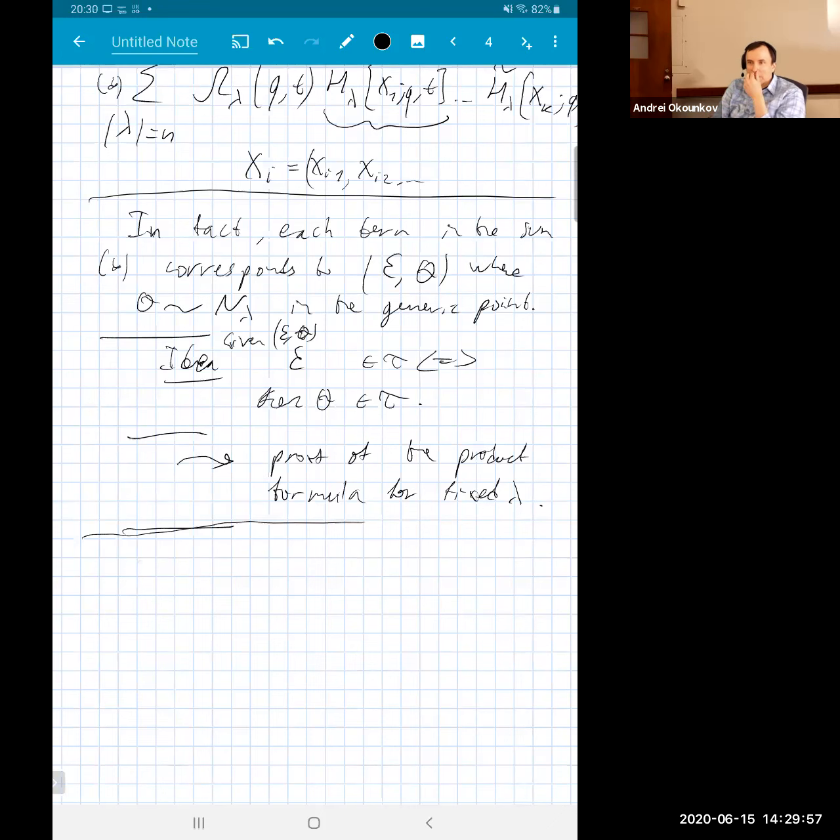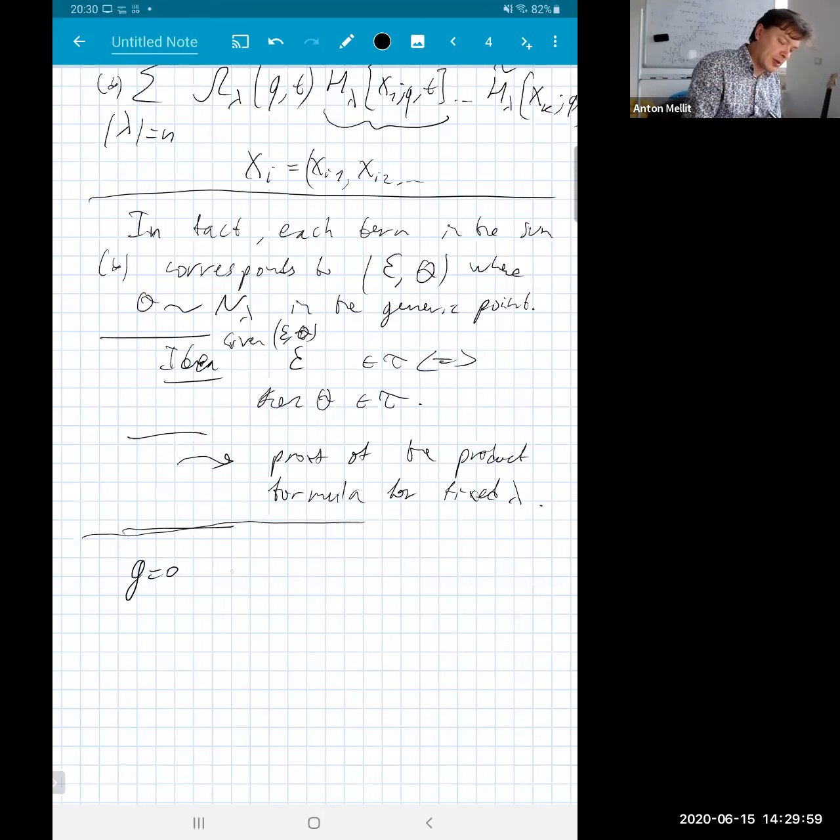Okay, so the genus 0 case is particularly simple, much simpler. There is only one sensible choice of tau, because every bundle is a direct sum of line bundles.